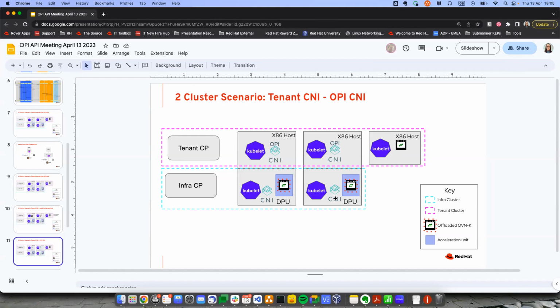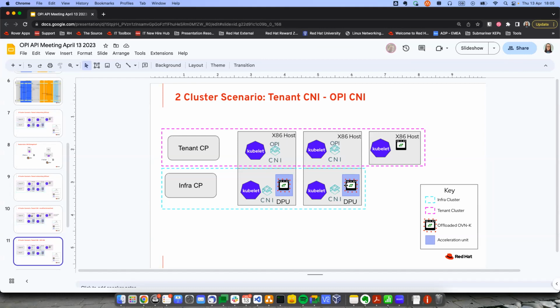So having a plugin model for the CNI here doesn't matter, because that CNI is servicing the infrastructure cluster. It's not servicing the tenant cluster at all. So my networking has been fully offloaded onto this DPU accelerator with a fallback that's the kernel. Now it doesn't look like a CNI anymore. It may accomplish the functionalities that the CNI did before, but it doesn't look like a CNI at all. Or am I misunderstanding what the goal and the intent is?